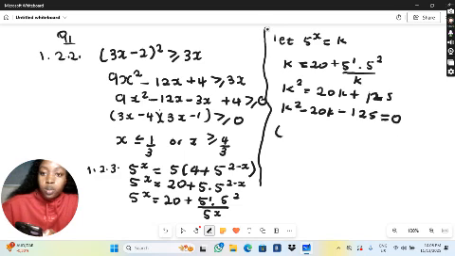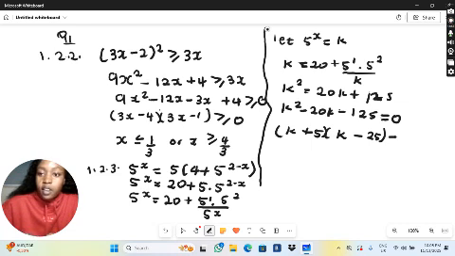So we are going to solve for k. We have k, this side, which will give us k squared, and then we have 5 times 25. This is 125, that when we subtract them we get 20. So 25 minus 5 is equal to 20, but 20 is negative, signs are not the same. The bigger number must be negative and the smaller one must be positive. So we are going to have k plus 5 into k minus 25 equal to 0.